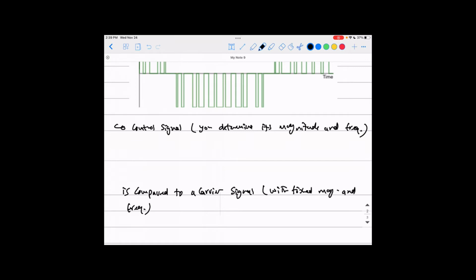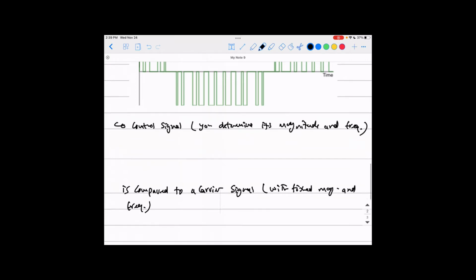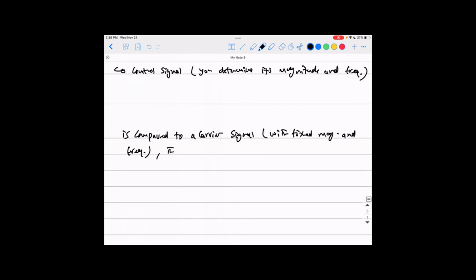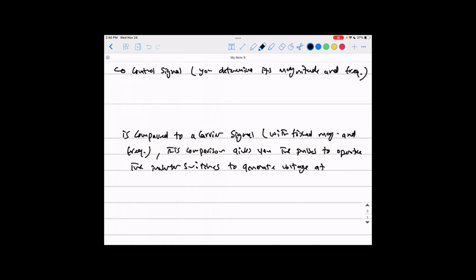You set them to a proper number by experience and leave it without changing. This comparison gives you the pulses to operate the inverter switches to generate voltage at the required magnitude and frequency. That's really the case.